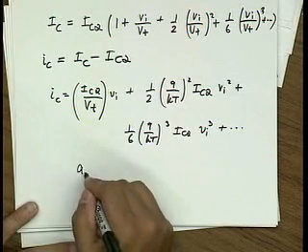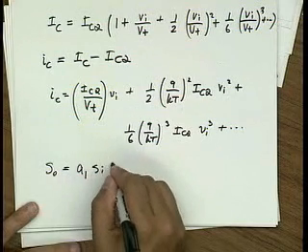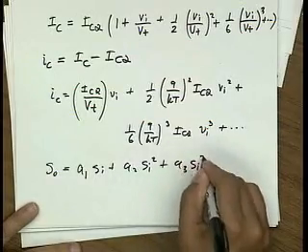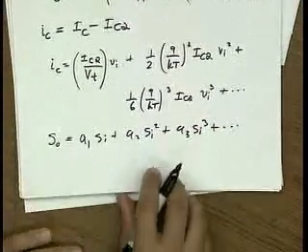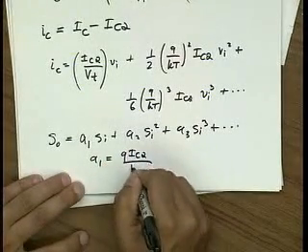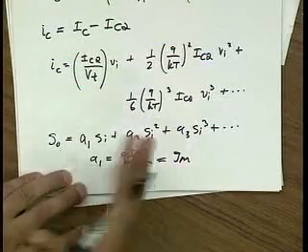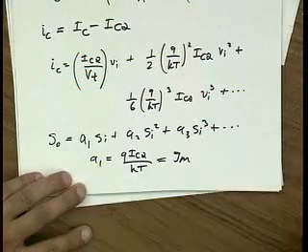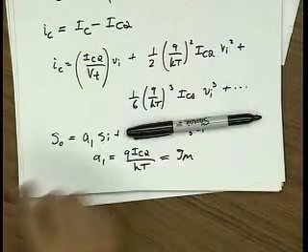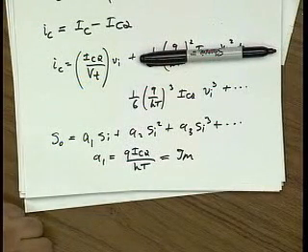GM, that's right. So I want to write output is equal to A1 times input plus A2 times input squared plus A3 times input cubed. And so I just now identify each coefficient. A1 is Q over KT times ICQ, which is simply the GM of the transistor. So now we see a nice unification between large signal analysis and small signal analysis. We did small signal analysis, we just ignored all these other terms, and so we had this nice simple result that the output current is just GM times the input.